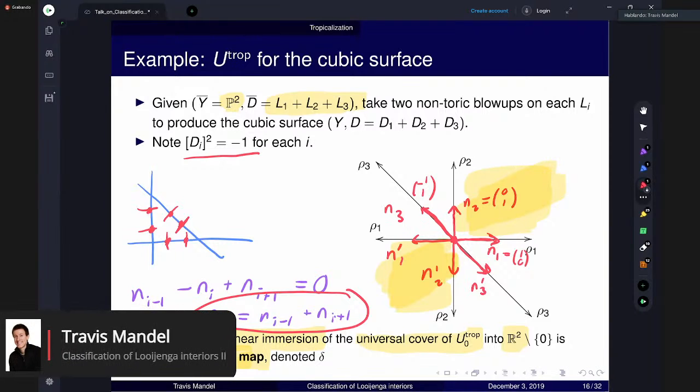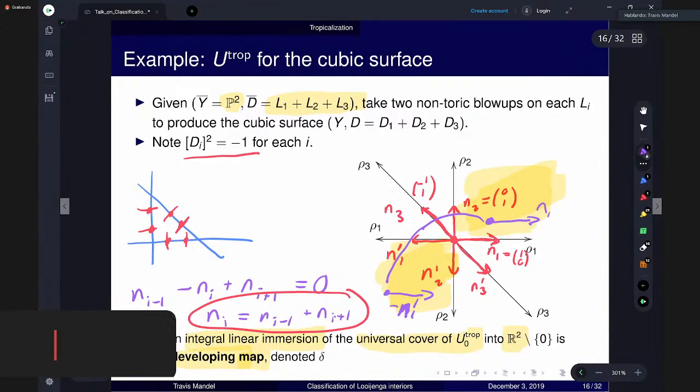And from that, you see there's some monodromy around the origin in U-trop. You can think of it as, in this cone, if you start with a tangent vector parallel to n1 and you translate that down to here, well, now this direction is negative n1. I should say negative n1 prime.